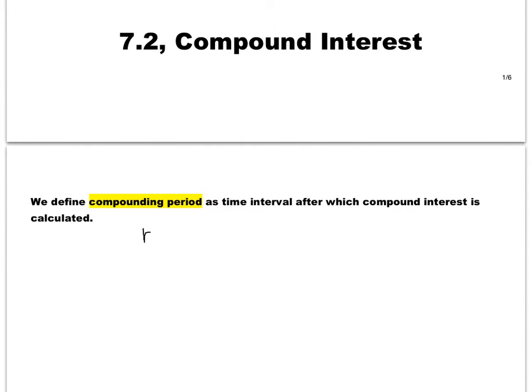So if you invest $1,000, after 1 year, which is the compounding period, the bank is going to find your interest, which is going to be accumulated on $1,000, and it's going to add it to $1,000. Let's say we get a number which is shown with a square here.